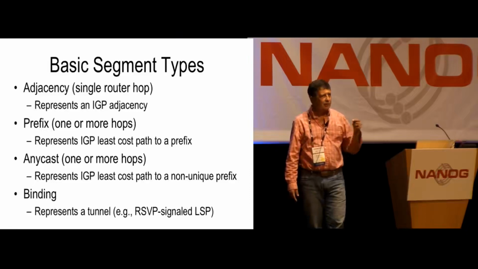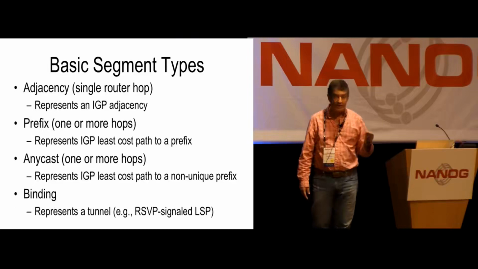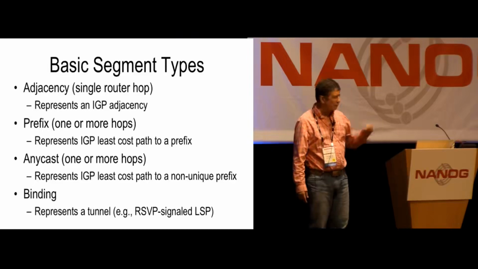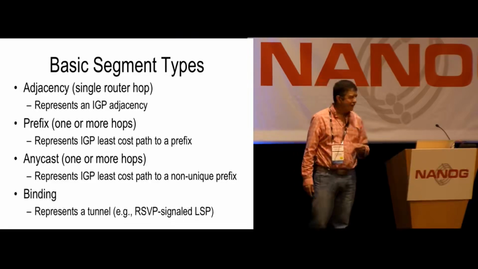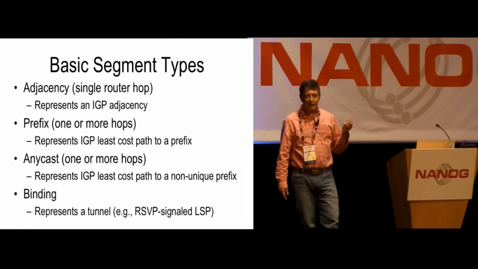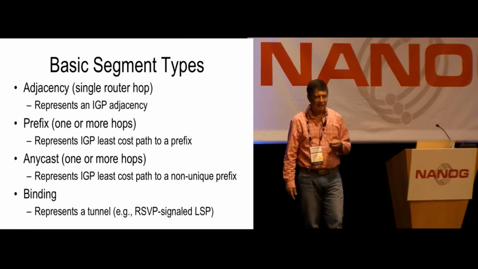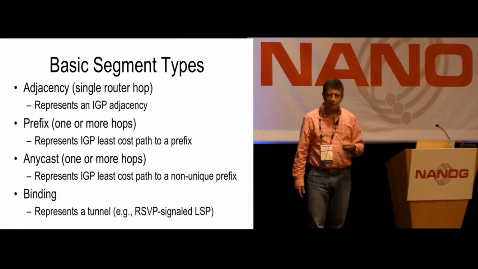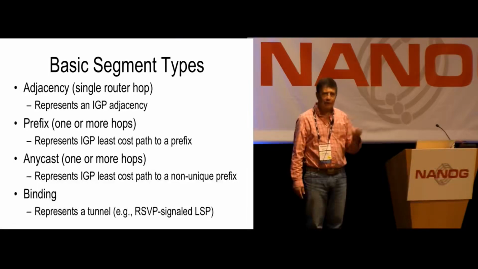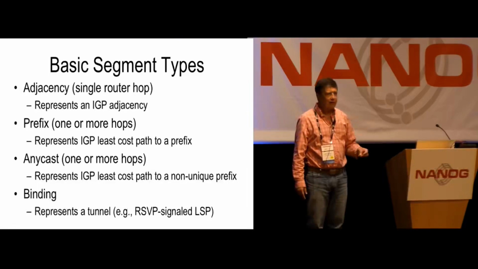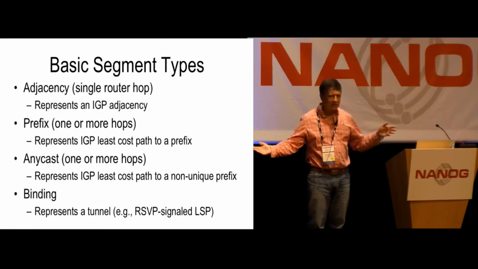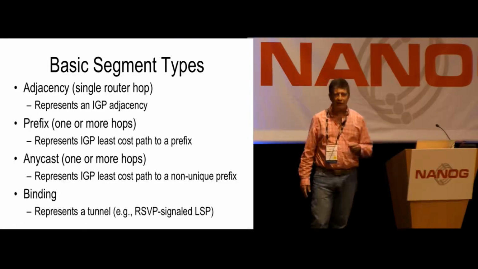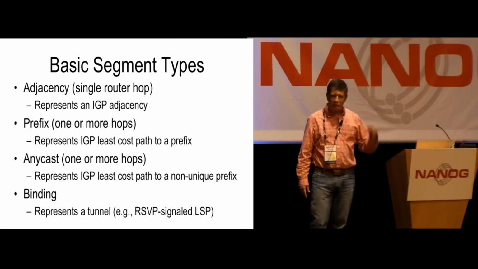So it's the IGP path to the closest instance, to the IGP least cost instance of that prefix. And then finally, there is the binding segment. The binding segment represents another tunnel, maybe an SR signal tunnel, maybe an RSVP signal tunnel, maybe some other kind of tunnel. You can think of it as being a shorthand. It's a way to put a tunnel in a tunnel.